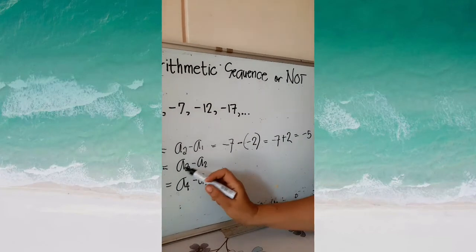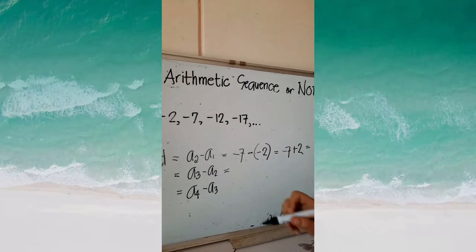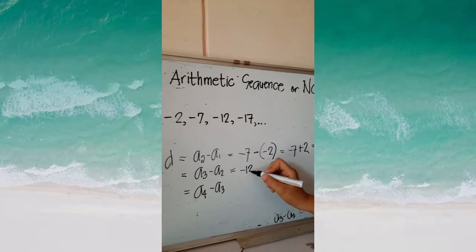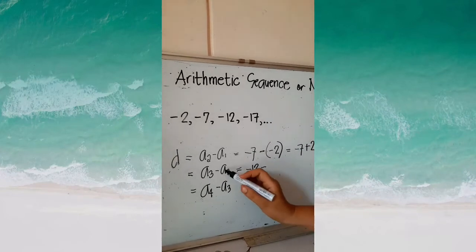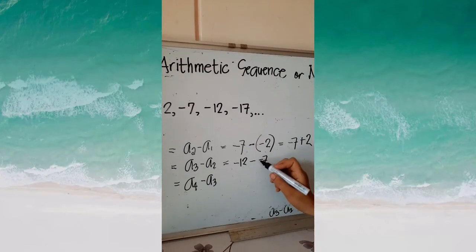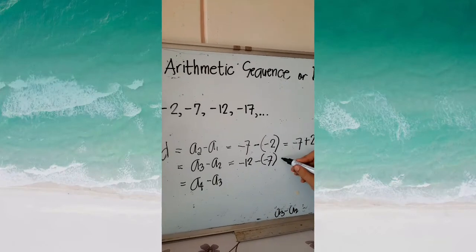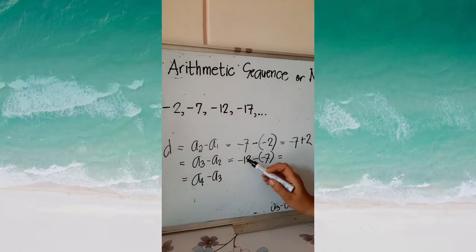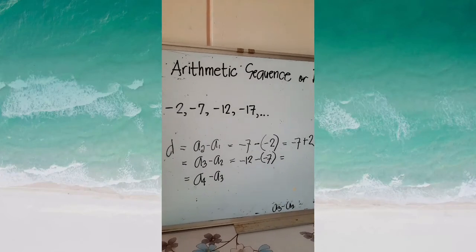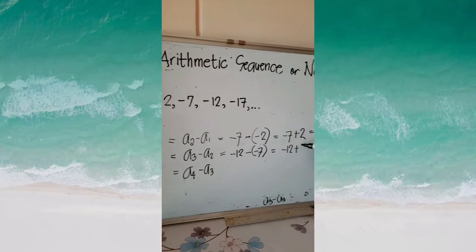How about our third term minus the second term? Our third term is -12 minus our second term, -7. Of course, there are still two negatives, so we separate them with parentheses. So -12 minus (-7), applying the rule for subtraction, becomes -12 plus 7.